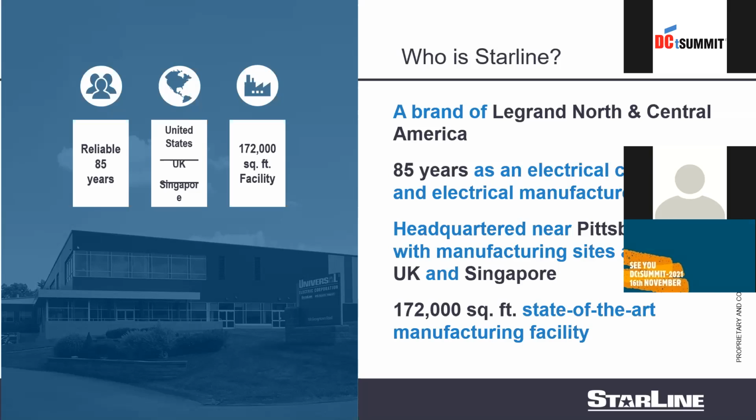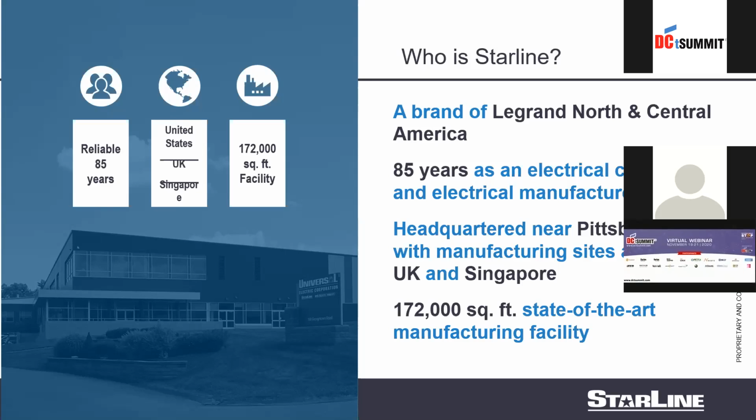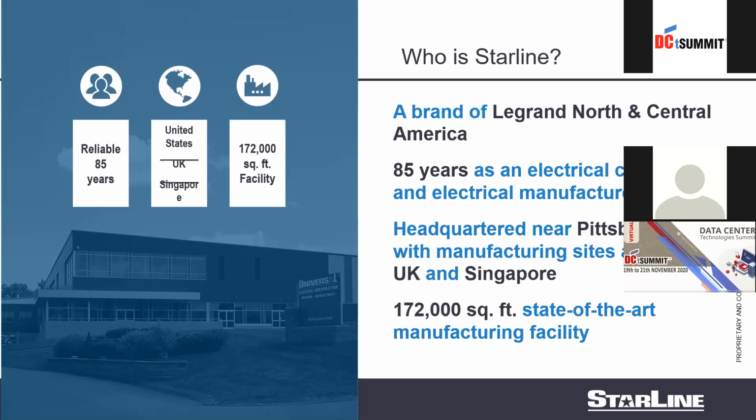Starline is headquartered in Canonsburg, which is a place very close to Pittsburgh, and has offices across the globe with a very strong partner community across the globe. We have 3 factories, one in the US, one in the UK, and another one in Singapore, where we manufacture our bus bars. The total manufacturing facility is about 170,000 square feet.